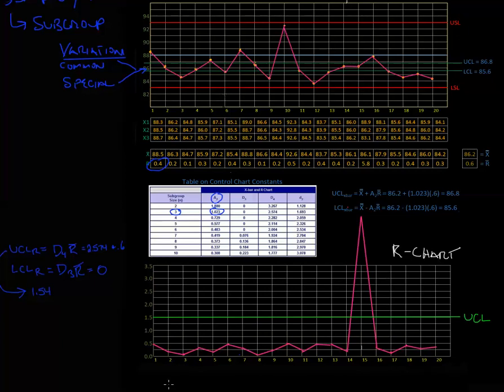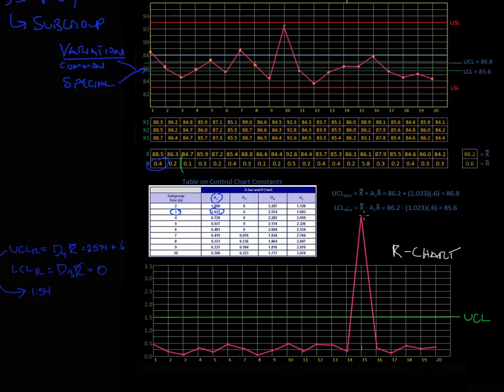So think about that for a second. The range within a given sample, say this first one we were looking at, 0.4, is typical of the range that we see across the samples, with one obvious exception right here.